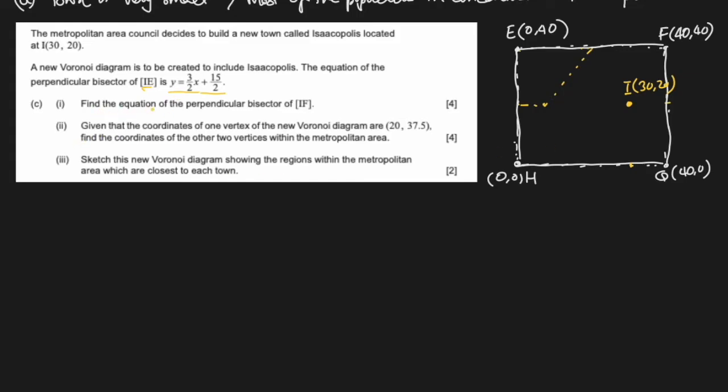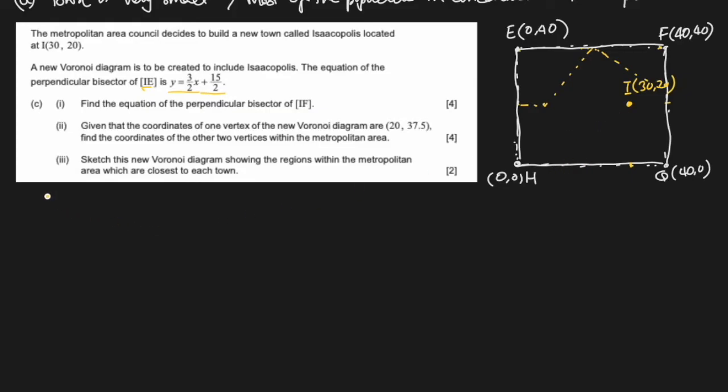Now, find the equation of the perpendicular bisector of IF. The perpendicular bisector of that will be somewhat like this. We have to find its equation.